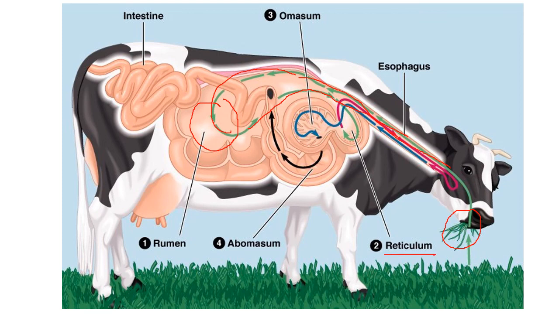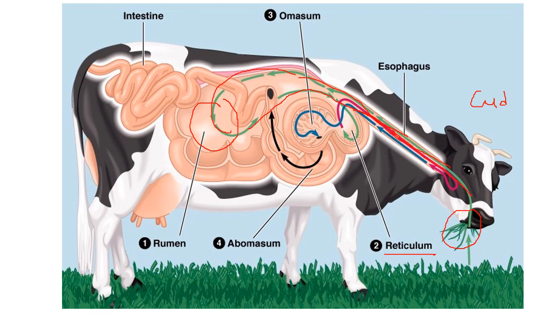The reticulum separates water and food. So the solid food particles go back to the mouth for further chewing. It's called the cudding process. You may have seen a lot of cows sitting and cudding. That undigested food is called cud, and the process is called cudding. So it comes to the mouth and it keeps cudding.